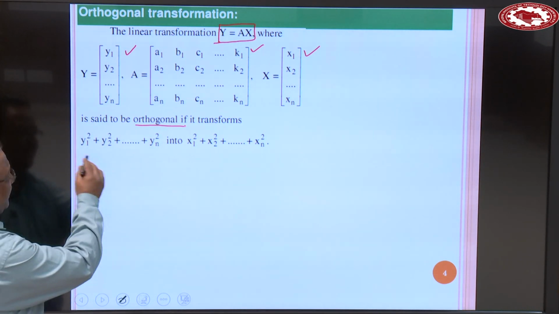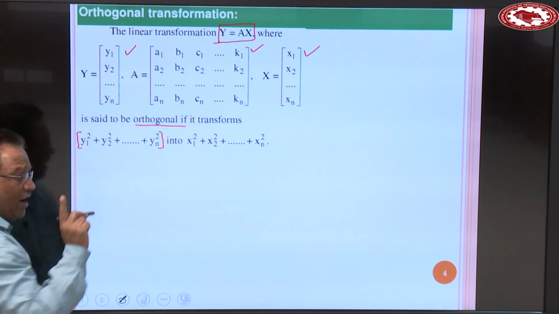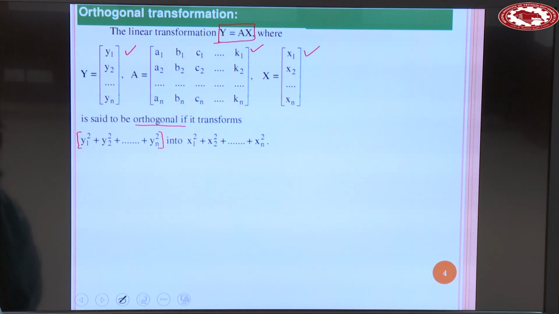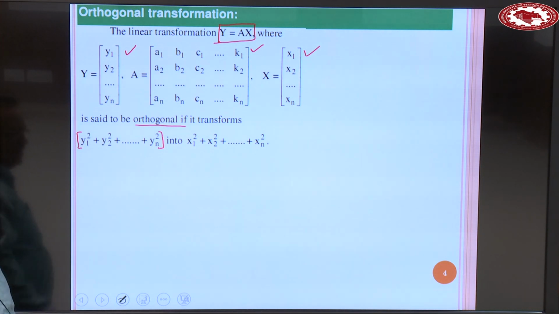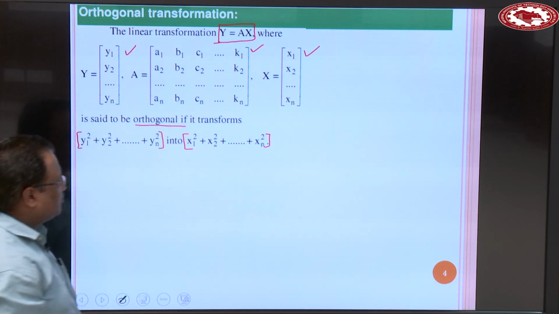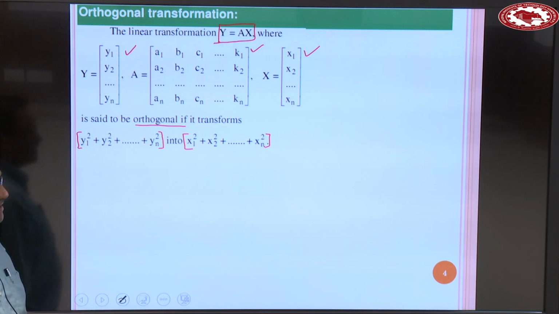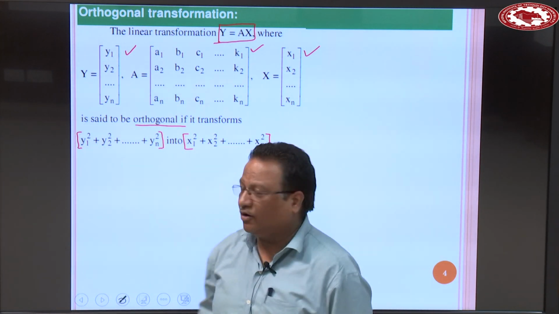So, what is this basically? This is basically a matrix having one row and one column. And the other way, we can write simply y1 square plus y2 square and so on plus yn square into x1 square plus x2 square plus and so on plus xn square. This one is also a matrix having one row and one column. Clear?